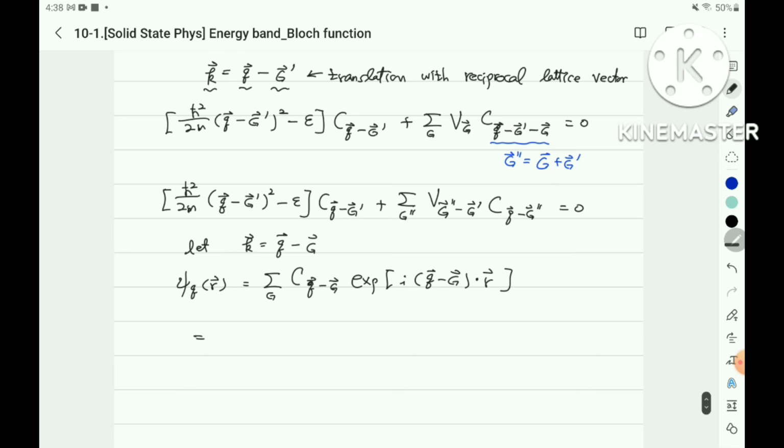Then, because exponential i q dot r is independent of the summation over G, we have the summation of c_(q minus G) exponential minus i G dot r. It means that it is the exponential i q dot r times this periodic function, the atomic wave function u_q(r). Therefore, it satisfies the Bloch theorem.